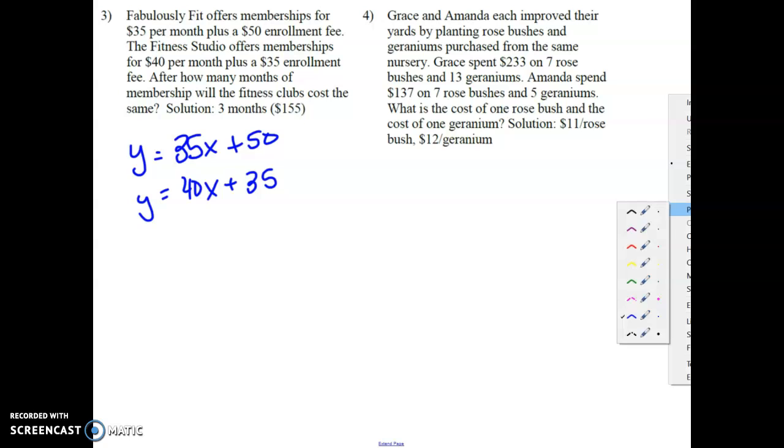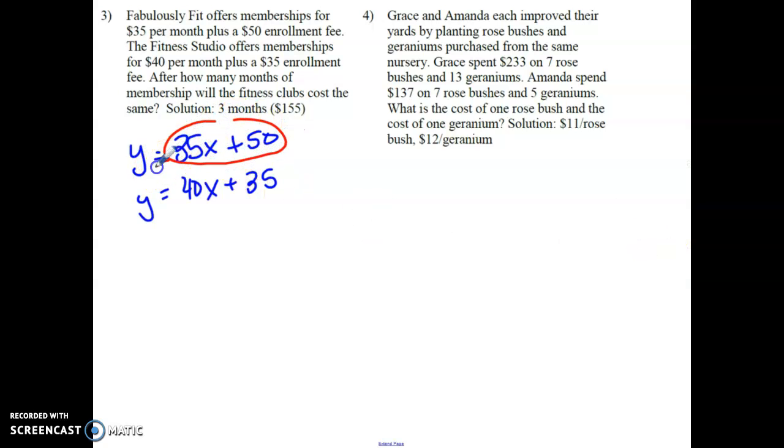And once I have my equations set up, I'm going to go ahead and solve them. So I'm going to take this 35x plus 50, put in place of that y there, and solve for x. I'm going to move my 35x over so I only have x's on one side.